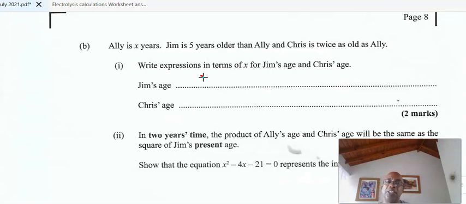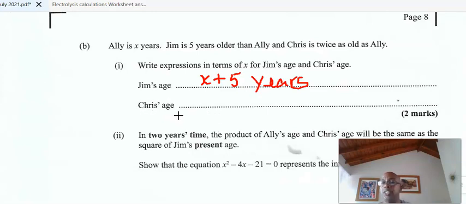So Jim's age is x, Ali's age, plus 5. And put the units, which is years. And that is it, Jim's age.